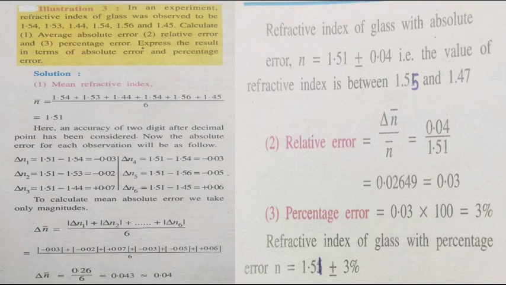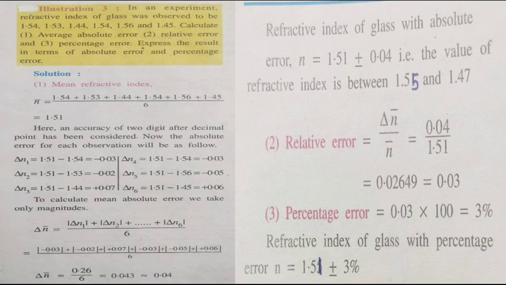So we get delta n bar is equal to 0.26 upon 6 is equal to 0.043, approximately 0.04. Now the refractive index of the glass with absolute error is n equal to 1.51 plus minus 0.04. The value of refractive index is between 1.55 and 1.47.